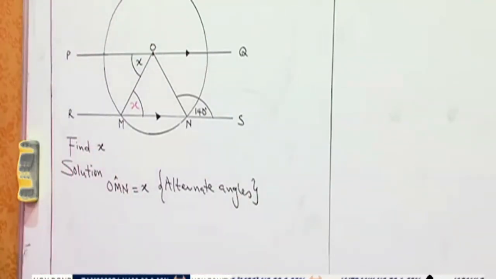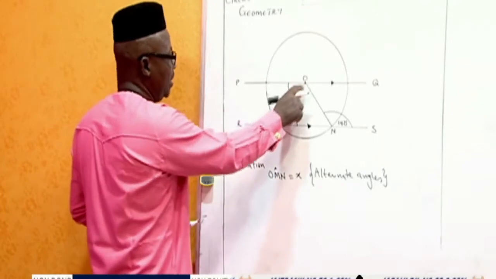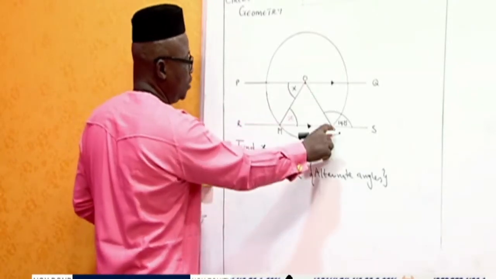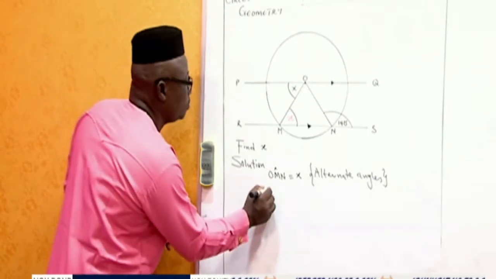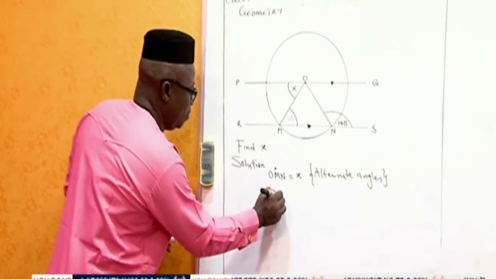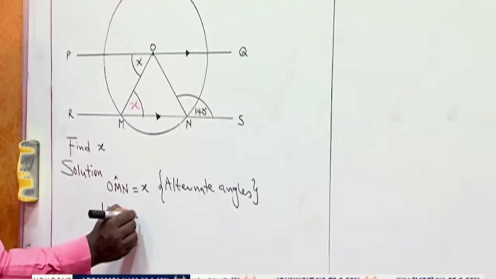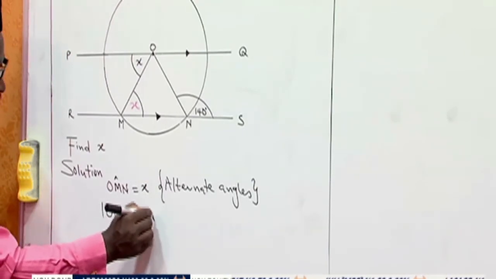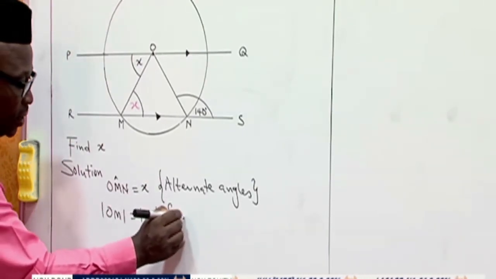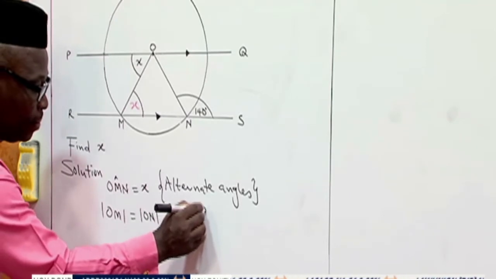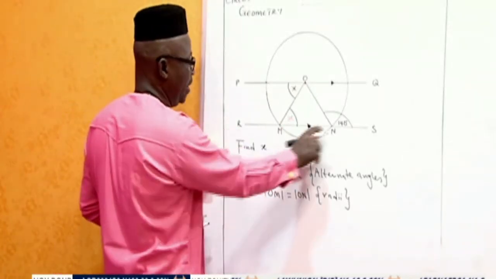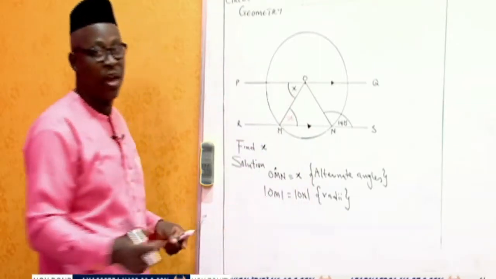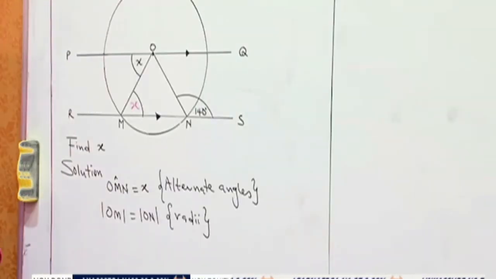So we are done with that. Then another thing, when you look at the length OM and the length ON, both of them are radii. So I can say OM is the same as ON. They are radii. So that implies the triangle we have here is an isosceles triangle. And in an isosceles triangle, the base angles are always equal.